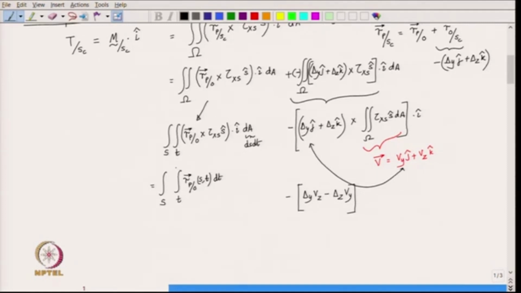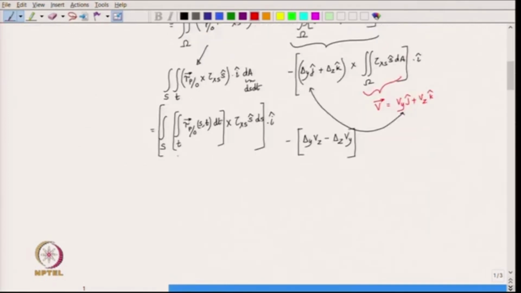So, work out this integration and then do the cross product with the shear stress tau x s, because it is independent of thickness, so it can be taken out of the thickness integral, S hat ds, and of course, finally, the whole thing has to be dotted with I.